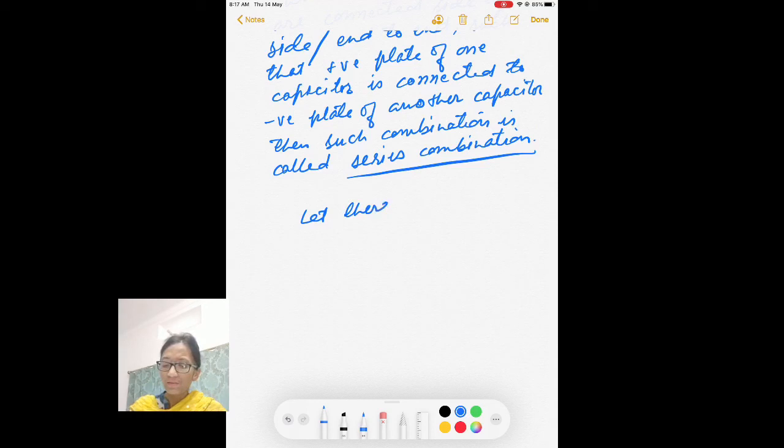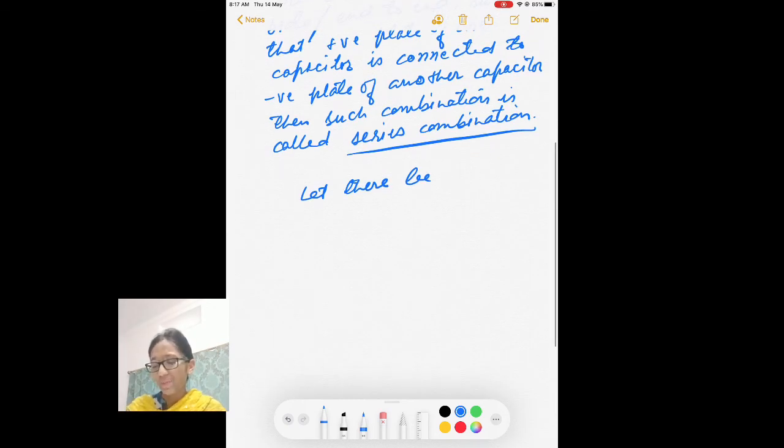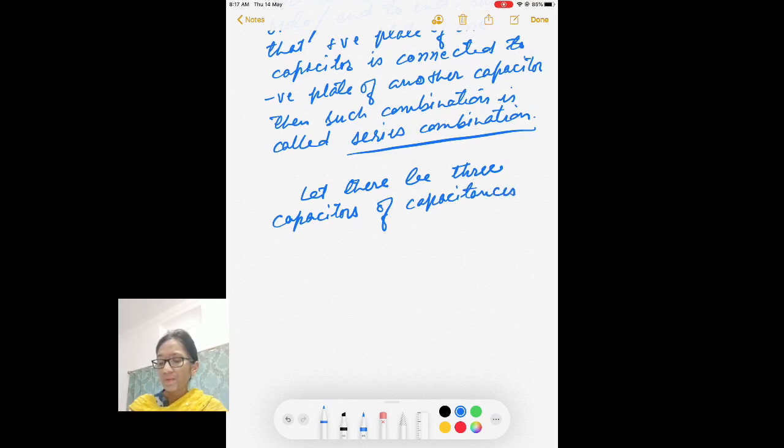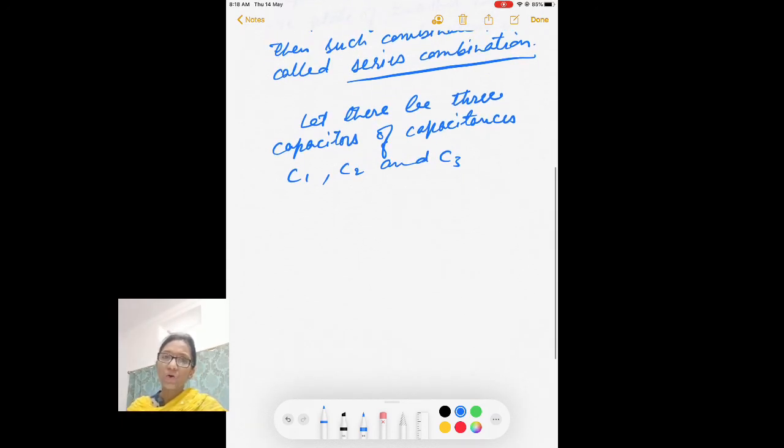So in series combination, let there be 3 capacitors or 2 capacitors, any value. Let me take 3 capacitors of capacitances C1, C2 and C3 connected across a battery of potential difference V volt.